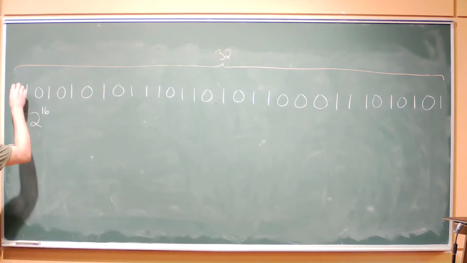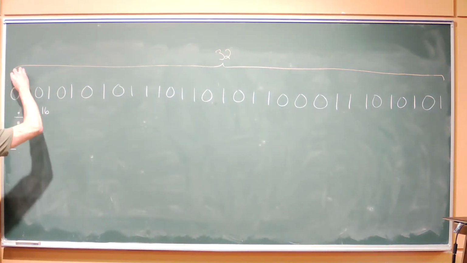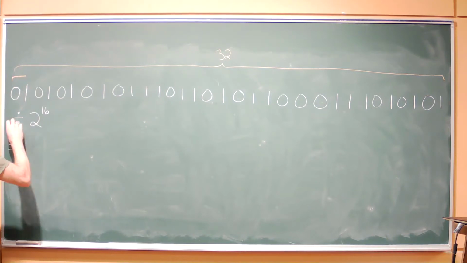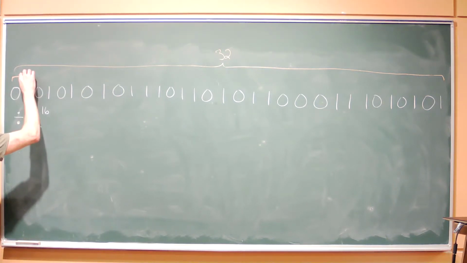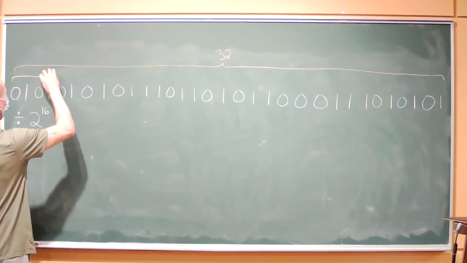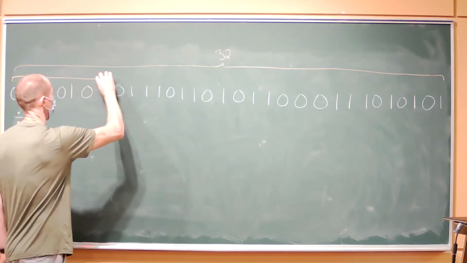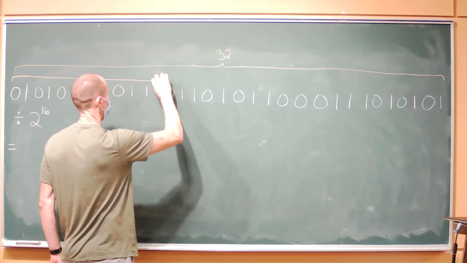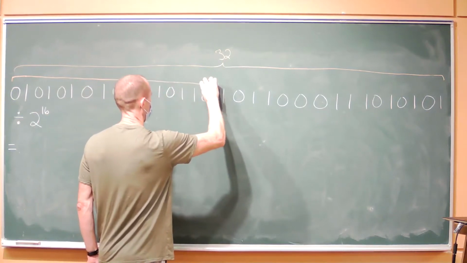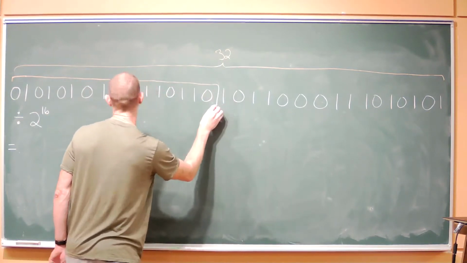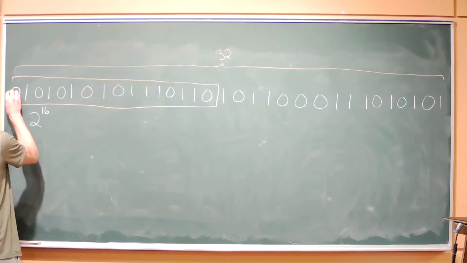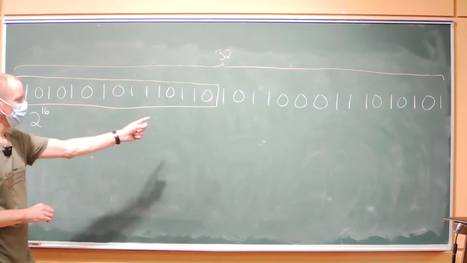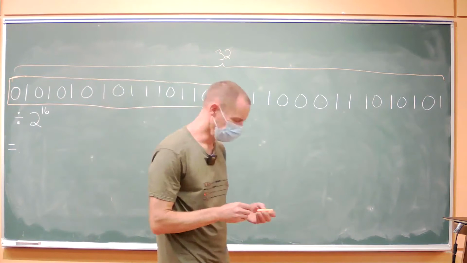So the answer to this question, even though I can't tell you what the number is because I can't read binary numbers that fast, hope I counted that right, would be this 16-bit binary number.